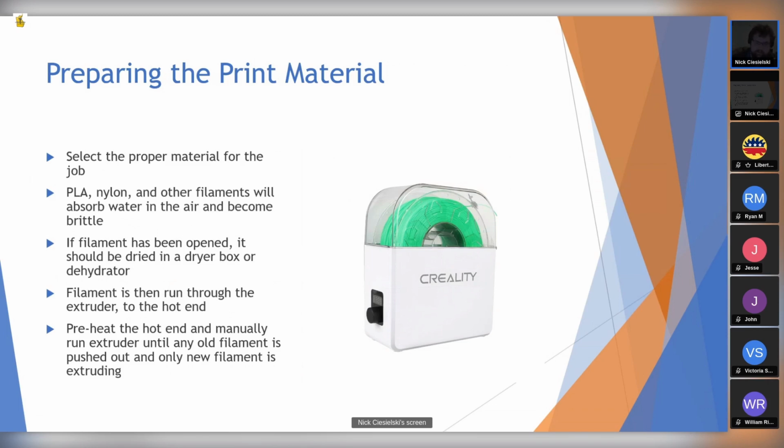They might snap. So what you want is a dehydrator or a dryer box. I believe some people have even set ovens on a really low heat with the door open, put the filament in there and let it sit for a while to heat the water out of it.